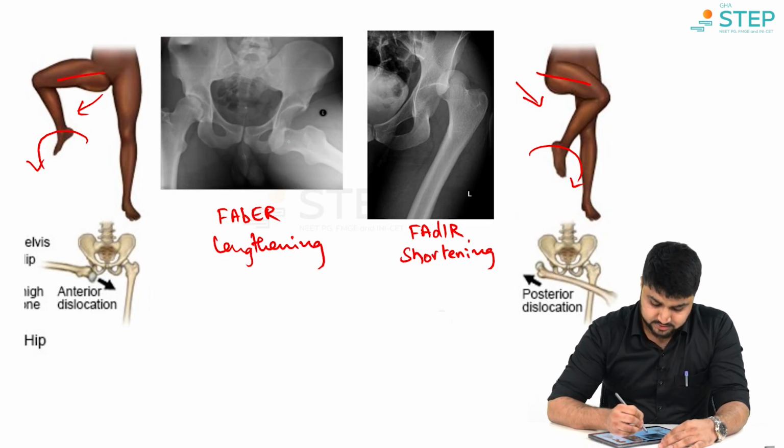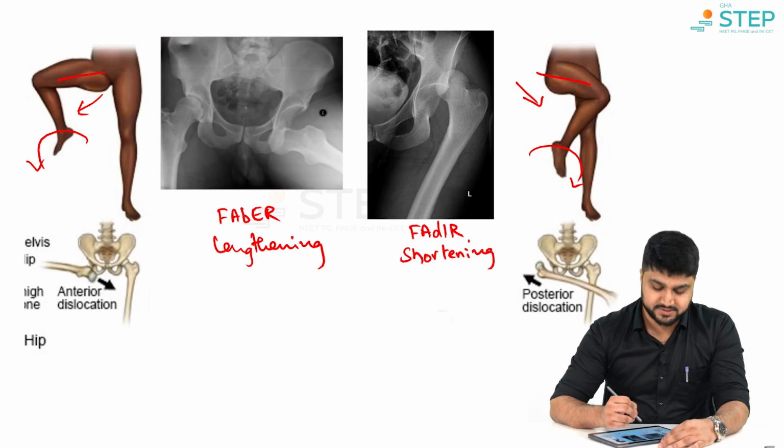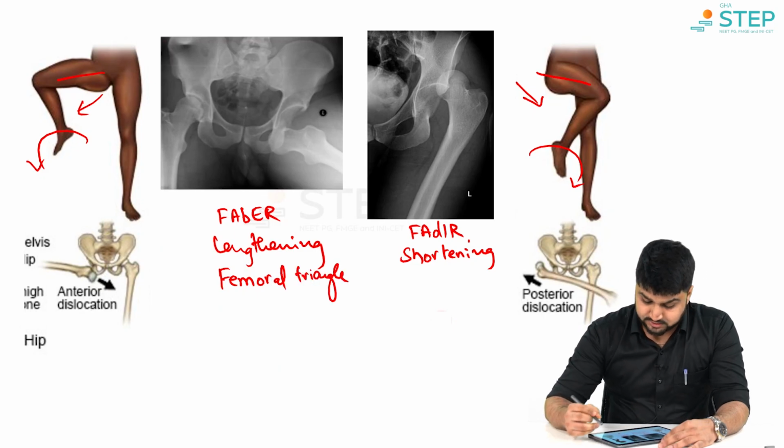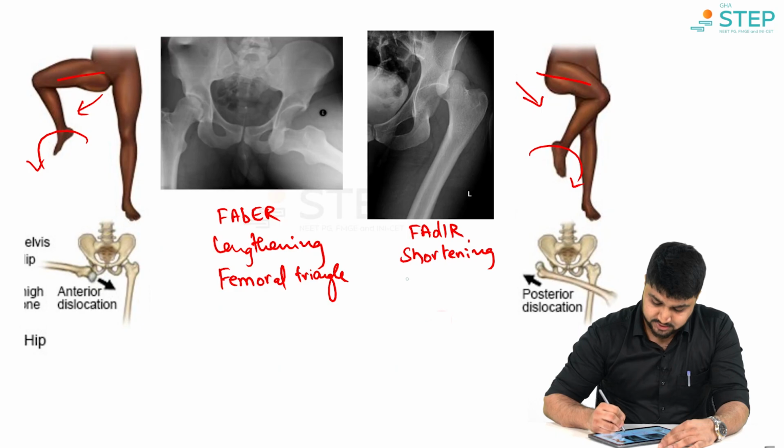Usually when the femoral head dislocates anteriorly, the femoral head will be palpable in the femoral triangle, whereas in posterior dislocation the femoral head will be palpable in the gluteal region.